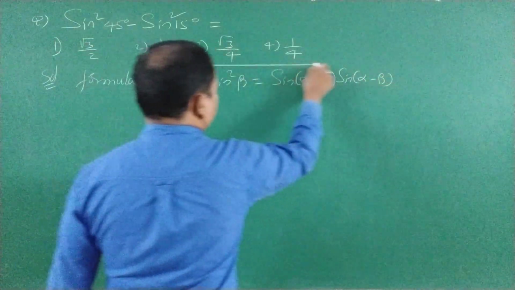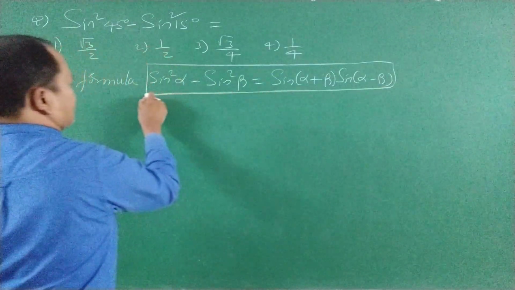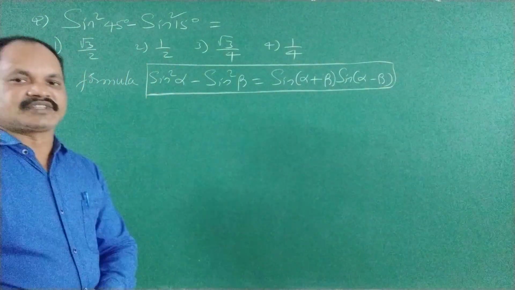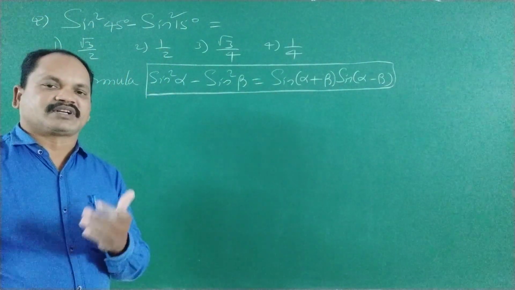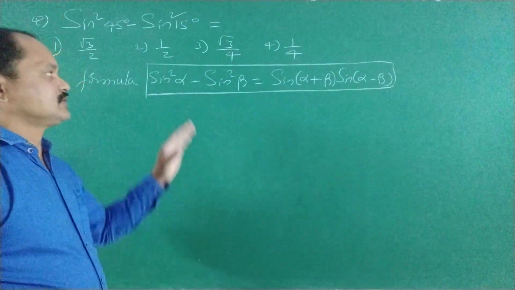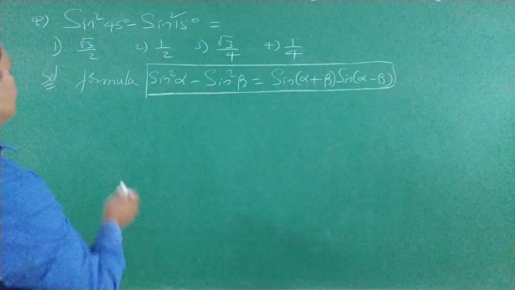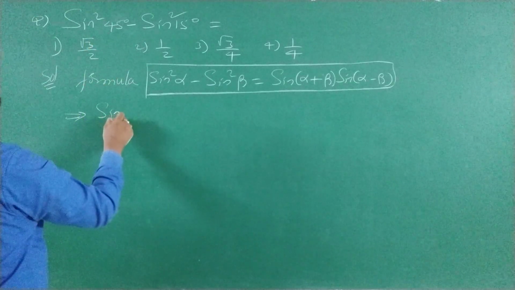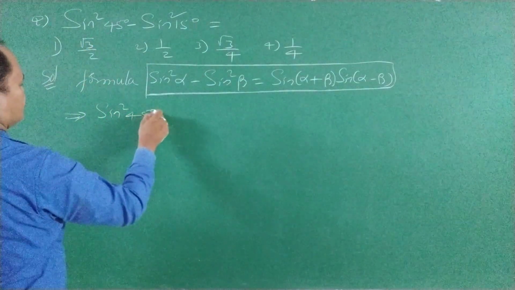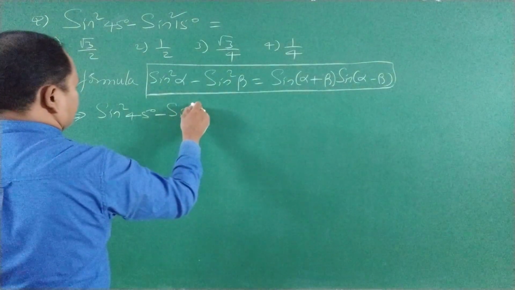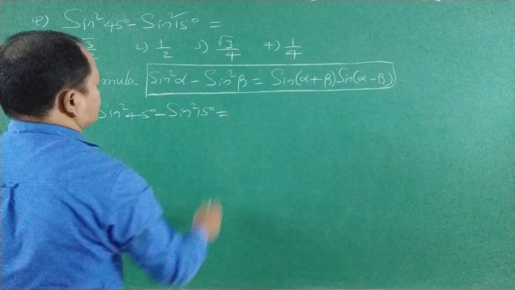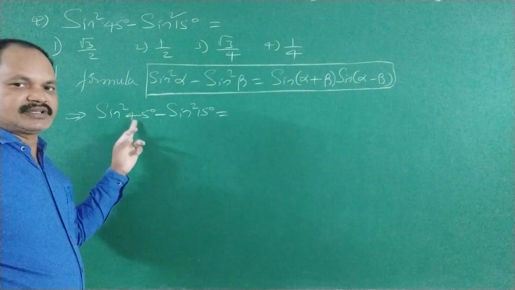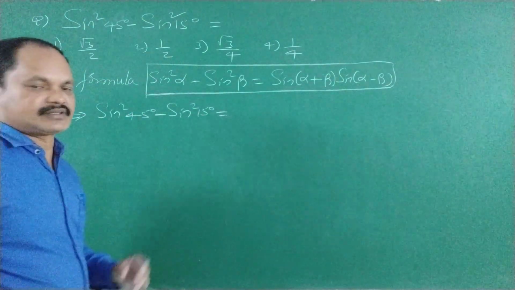So we know that the product of the sine expansions, sine alpha plus beta into sine alpha minus beta, is equal to sine square alpha minus sine square beta. That's why this is sine square 45 degrees minus sine square 15 degrees, with alpha as 45 degrees and beta as 15 degrees.